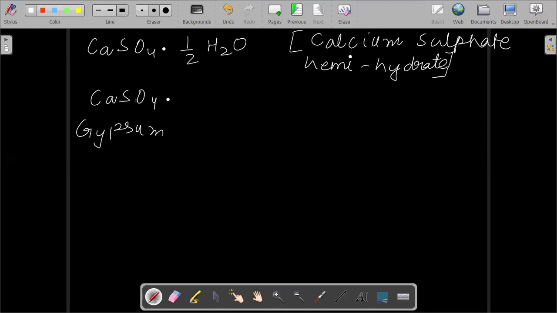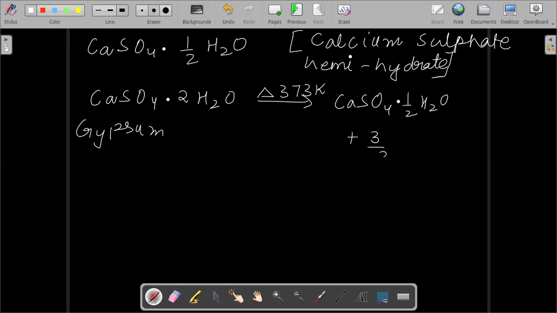Very good. So CaSO4.2H2O, this is our gypsum, and it is heated at 373 Kelvin to obtain POP and water. So the water molecules just evaporate out, leaving behind your POP.